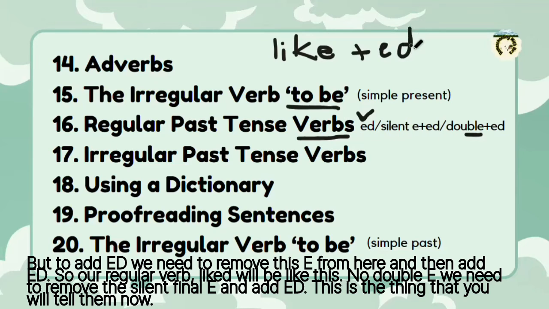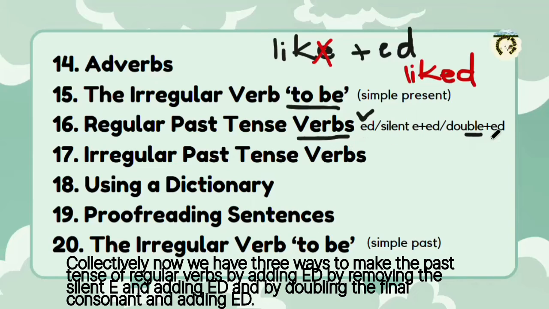But to add ed, we need to remove this e from here and then add ed. So our regular verb liked will be like this. Okay, no double e, we need to remove the silent final e and add ed. This is the thing that you will tell them now.